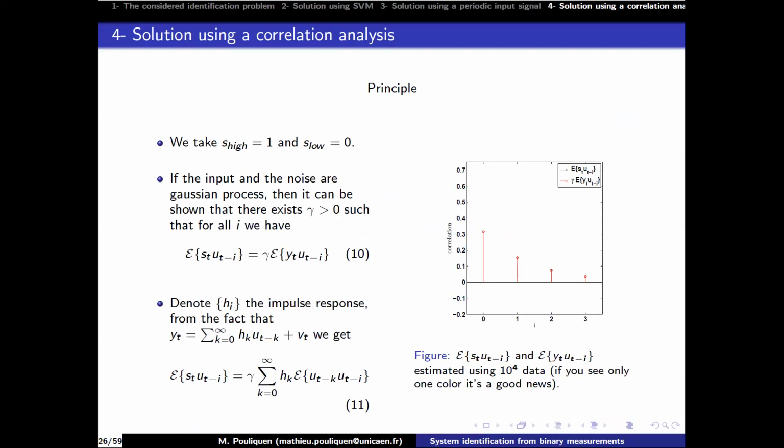Because the correlation you can compute it for any noise. Yeah, for instance, if you use PRBS excitation, you can't satisfy this. With uniform distribution, I'm not sure it's satisfied. Okay.